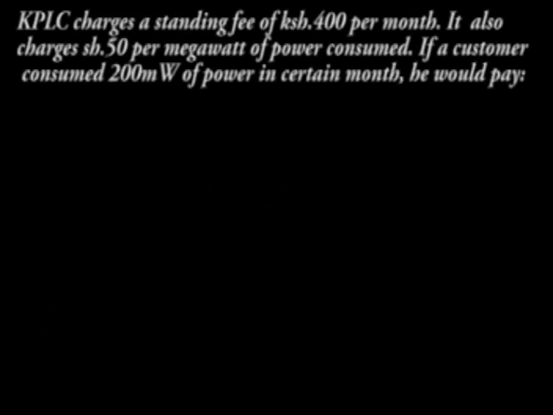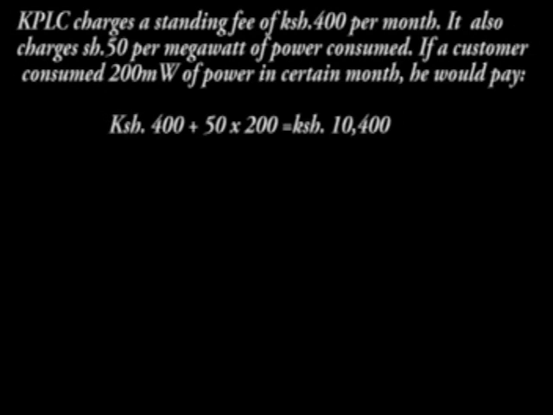Partial variation. The Kenya Power and Lighting Company charges a standing fee of Kenya shillings 400 per month. It also charges Kenya shillings 50 per megawatt of power consumed. If a customer consumed 200 megawatts of power in a certain month, he would pay 400 shillings plus 50 times 200, which is equal to 10,400.